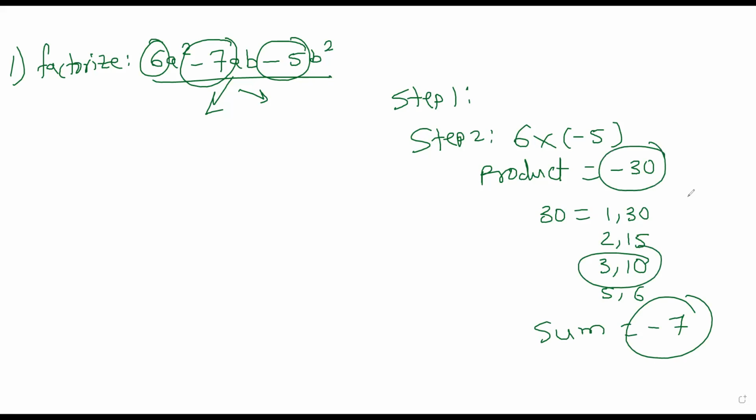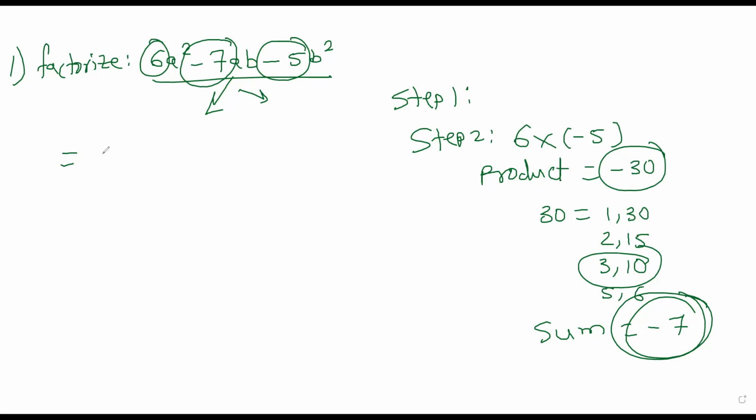But product is negative. -10 and +3. Very good. Why -10 and +3? Yes, because product is negative. That means one of the two factors has to be negative. Sum is negative. That means the greater factor is negative. Smaller factor is positive.